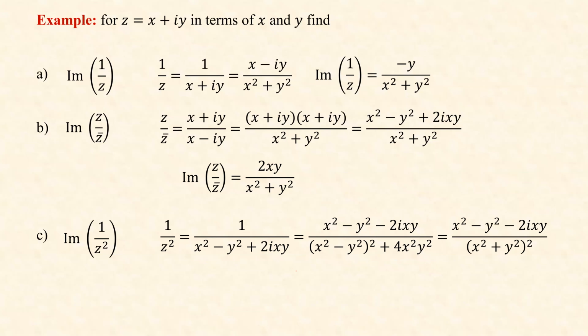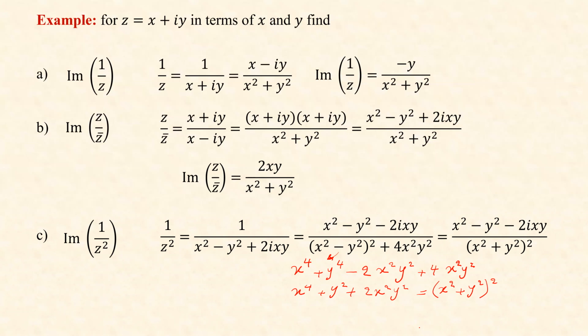You see, this part becomes x to the 4th plus y to the 4th minus 2x squared y squared plus 4x squared y squared, which becomes x to the 4th plus y to the 4th plus 2x squared y squared, which becomes x squared plus y squared, squared.